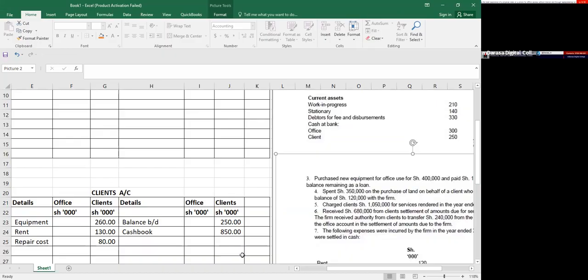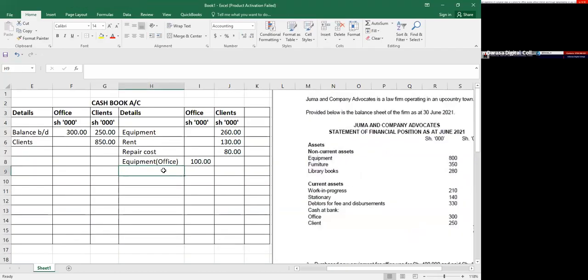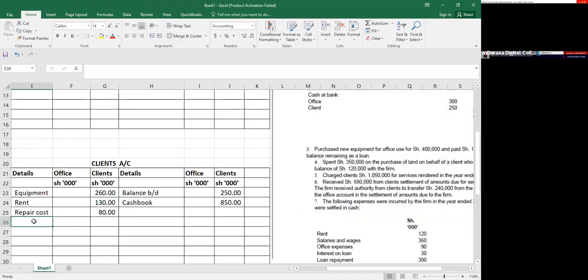We purchase land, but this person had only 120. So we credit our cash book client's column 120, and we debit our client's account, client's column with 120.